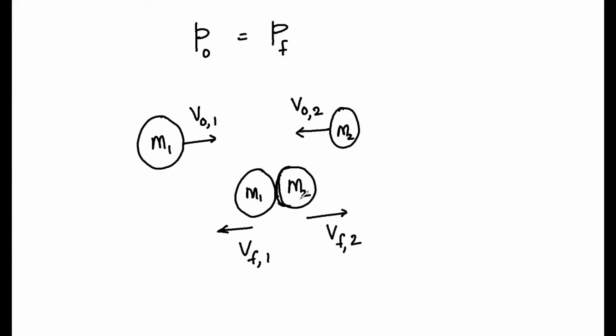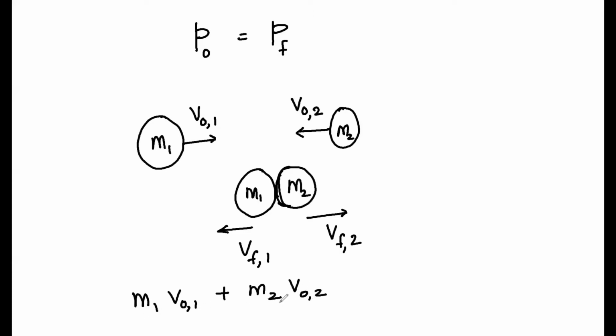Conservation of momentum basically states that the sum of the initial momentums of the two objects. So when I'm talking about sum here, I'm not talking about the individual initial momentums. I'm talking about the sum of the initial momentums of both the objects together, which is going to be m1 v01 plus m2 v02.